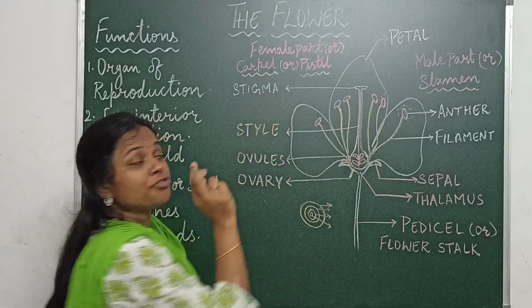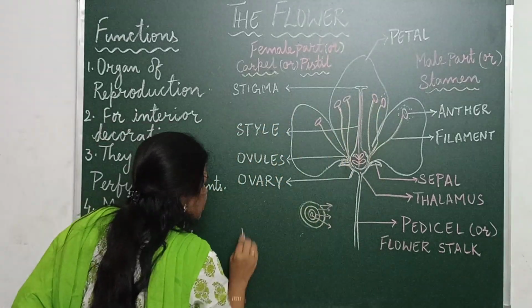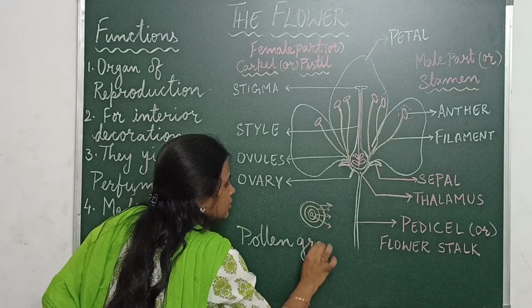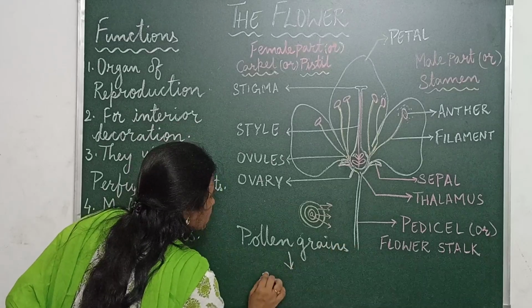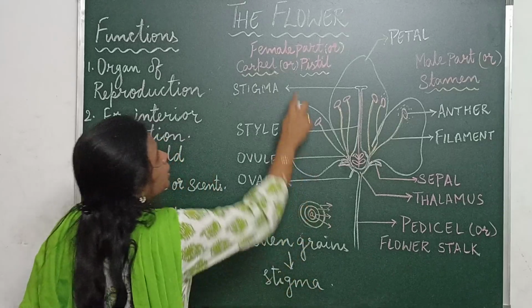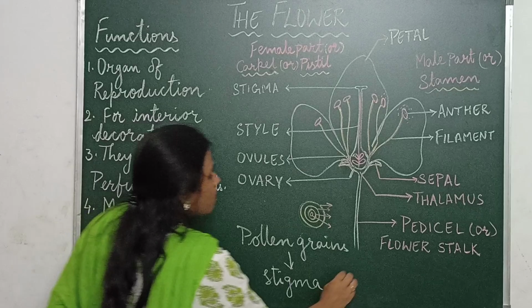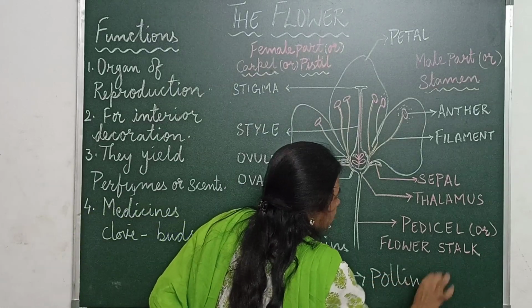Stigma is the female part of the flower. The transfer of pollen grains to the stigma of the female part is called pollination.